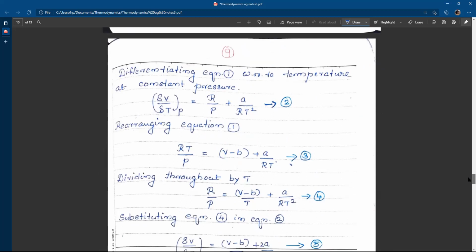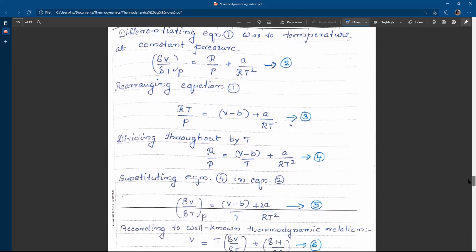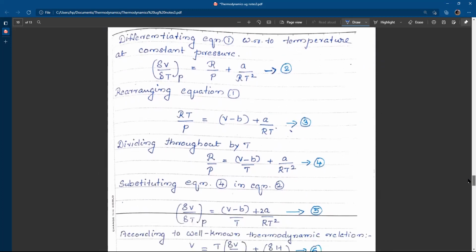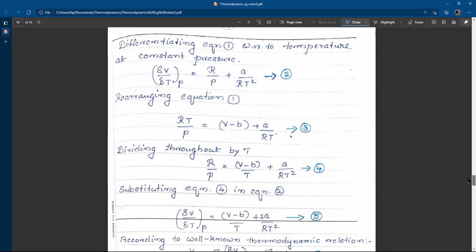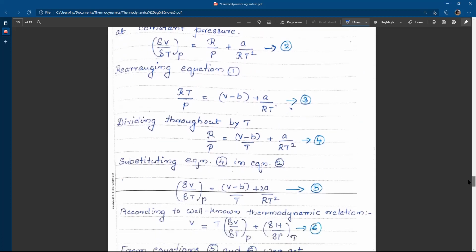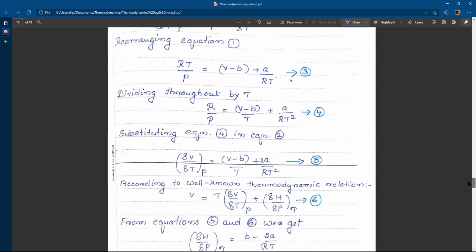Dividing throughout by temperature, R/P = (V − b)/T + a/RT². We substitute this value of R/P in equation 2. So (∂V/∂T) at constant pressure = (V − b)/T + 2a/RT².